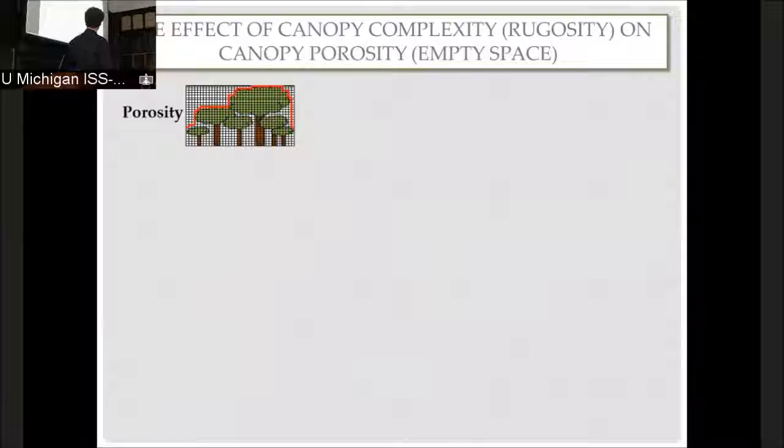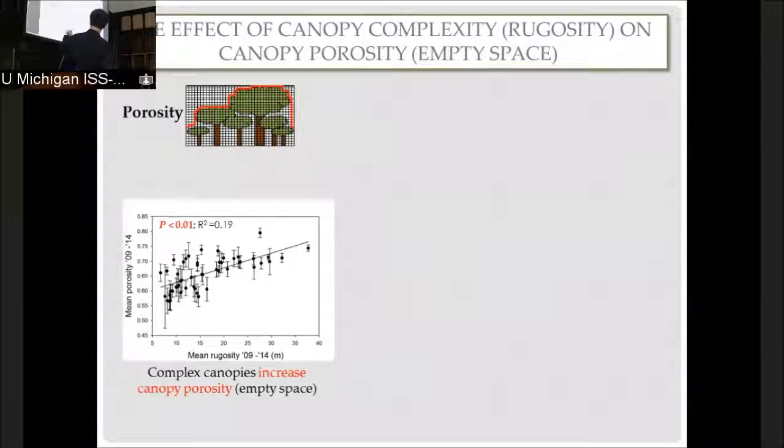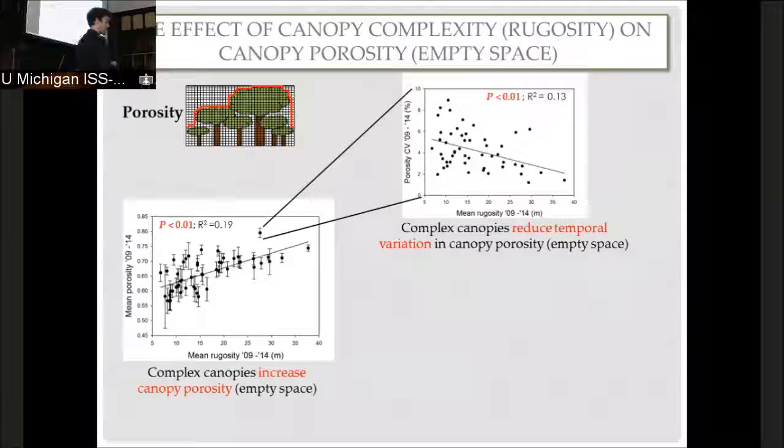Next comparison will be the porosity, or again, the empty space in the canopy. And this is the spatial relationship. So this is just the average porosity over the census period regressed against the average rugosity. And you can see more rugose canopies just have more empty space with no branches or leaves in it. The amount that the empty space varies between years is actually an inverse function.